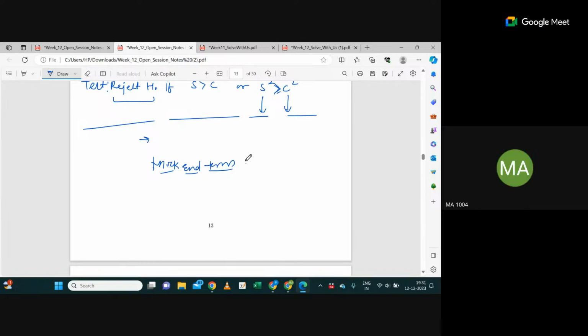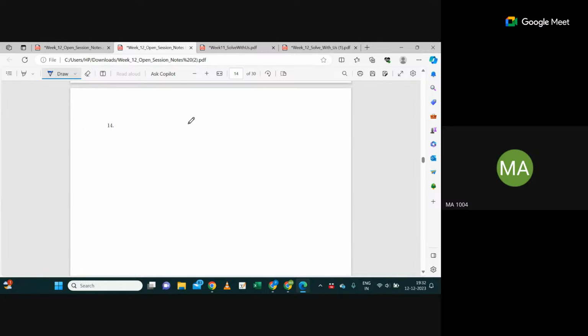Fine. So far, test for single mean, test for variance for single sample. It's clear to everyone, right? So let's move to the two samples. Whenever you are given two samples, how will you proceed?